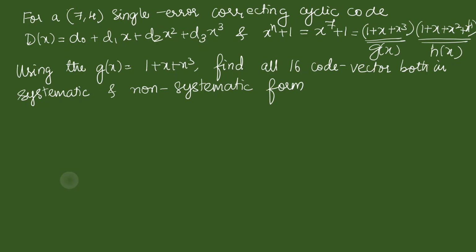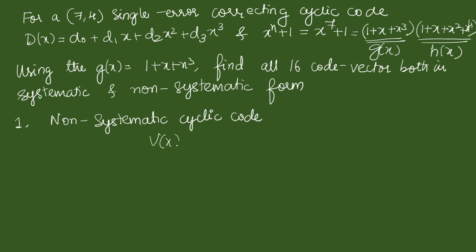So the first method that I will be considering here is the non-systematic method. In the non-systematic cyclic code, how do we find out the code word? It is the mere multiplication of the data polynomial by g of x.